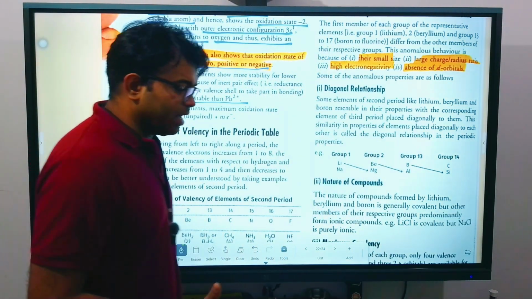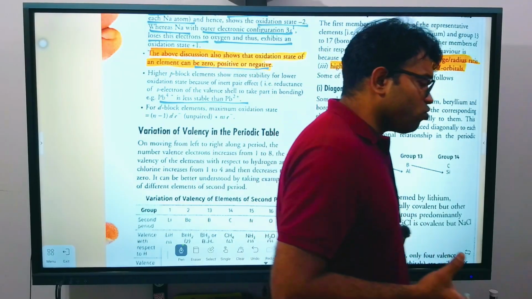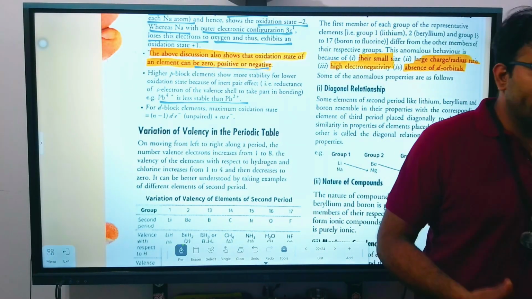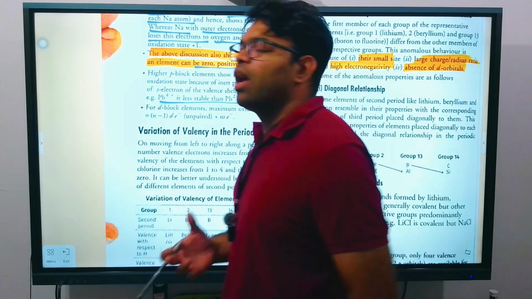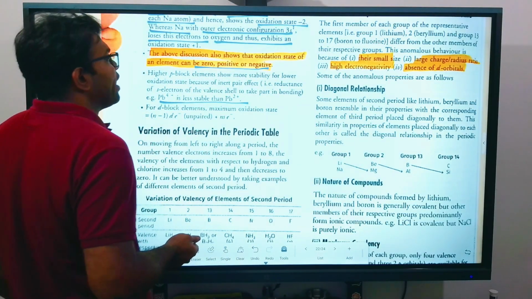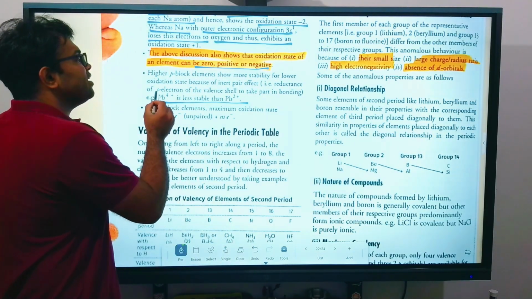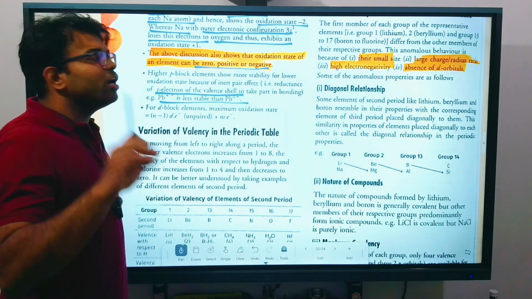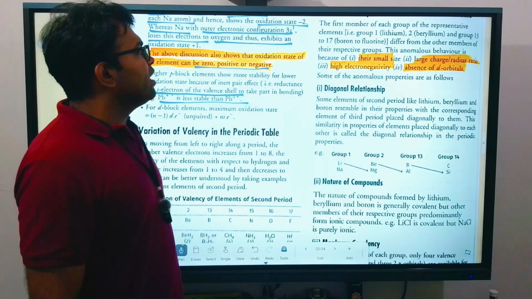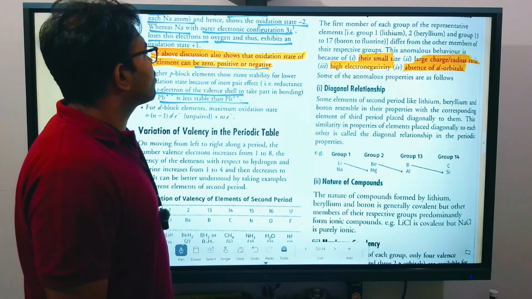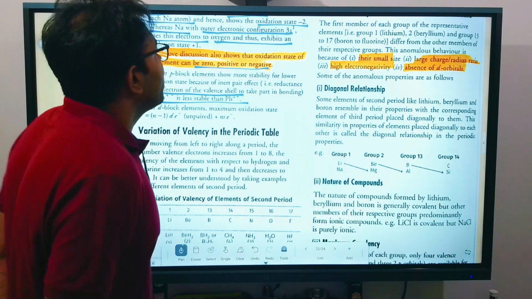Penetrate means deep inside. In every single shell, the s orbital is the most closely bound to the nucleus. That is the reason why the s electrons of a valence shell do not partake, the reluctance of the s electrons of the valence shell to partake in bonding.